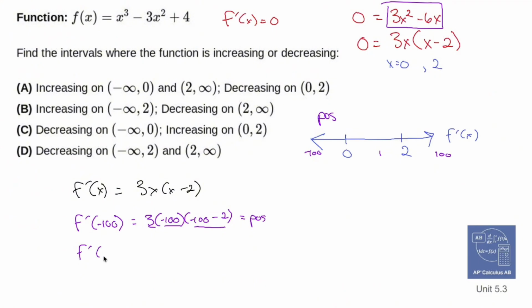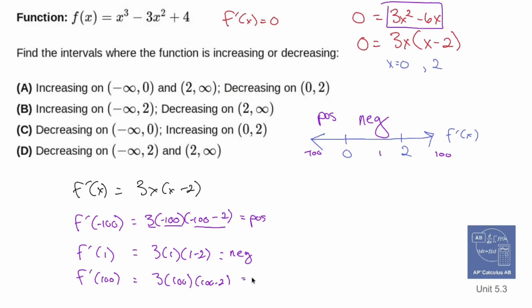F prime of 1 is going to be 3 times 1 times 1 minus 2. Positive times a negative is going to be negative. Let's plug in 100. F prime of 100 is going to be 3 times 100 times 100 minus 2. A positive times a positive times a positive is a positive.